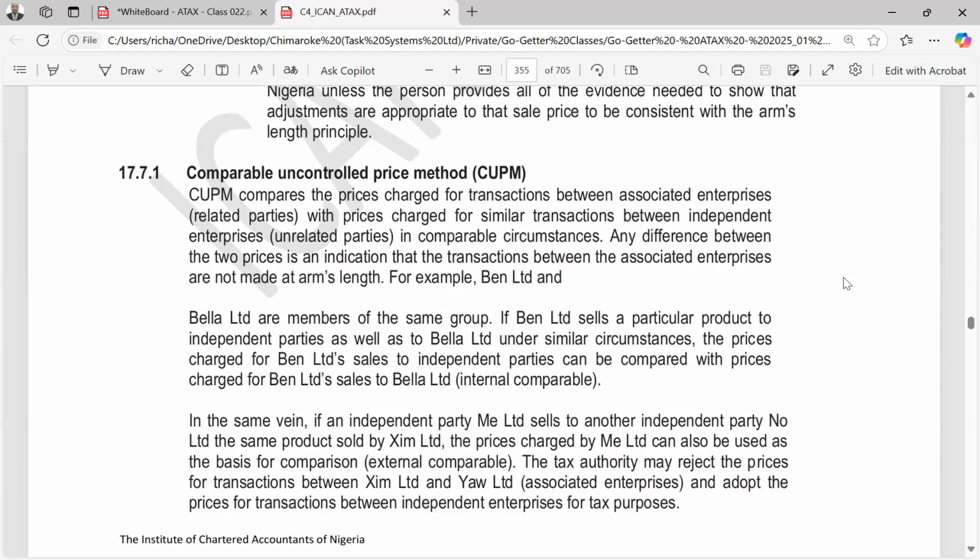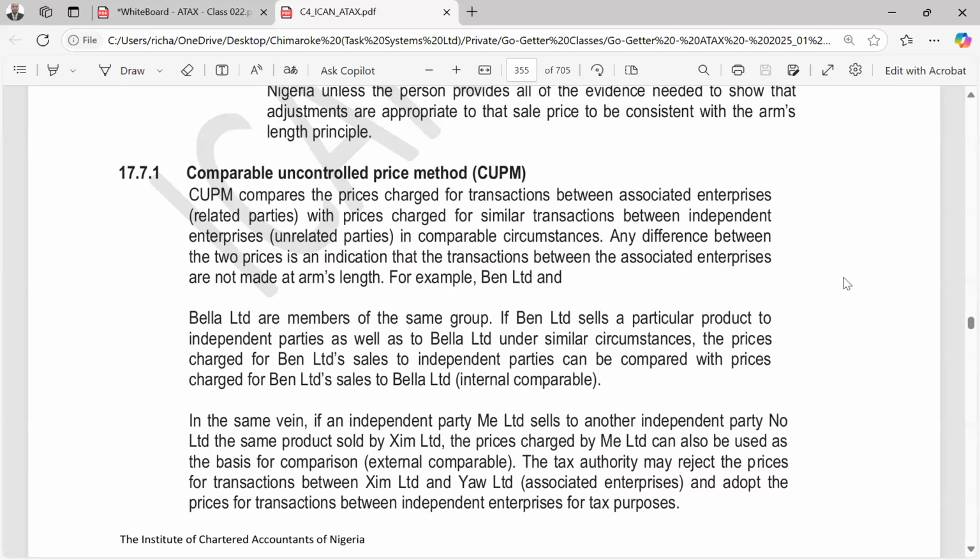Now, if an independent party, let's say M Limited, sells to another independent party, N Limited, the same product, they don't know each other, and they sell these things to one another.